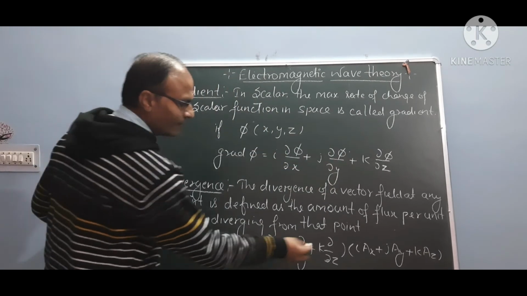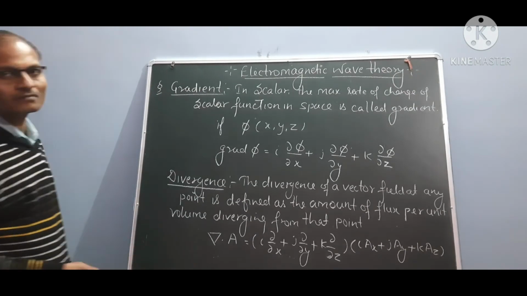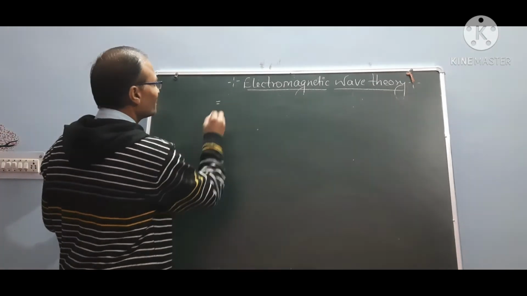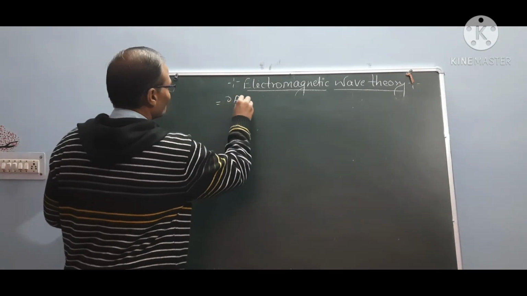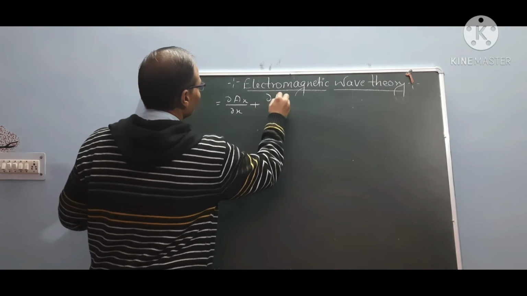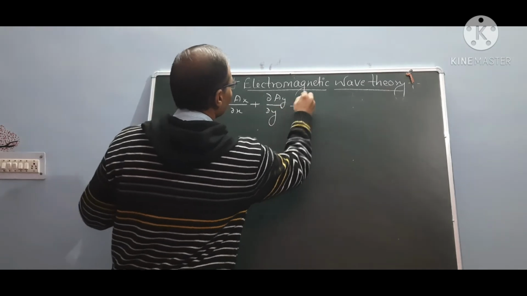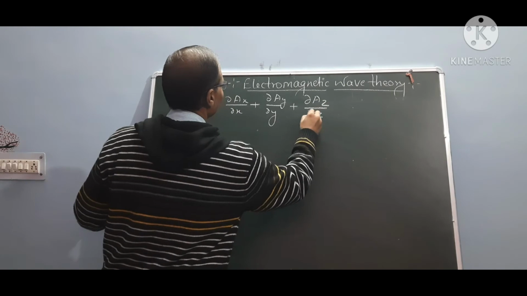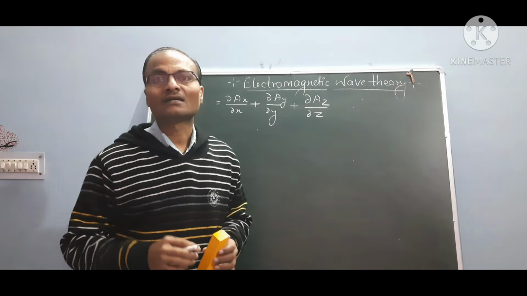Now i dot i equals 1. So the equation is del Ax upon del x plus del Ay upon del y plus del Az upon del z. This is divergence.